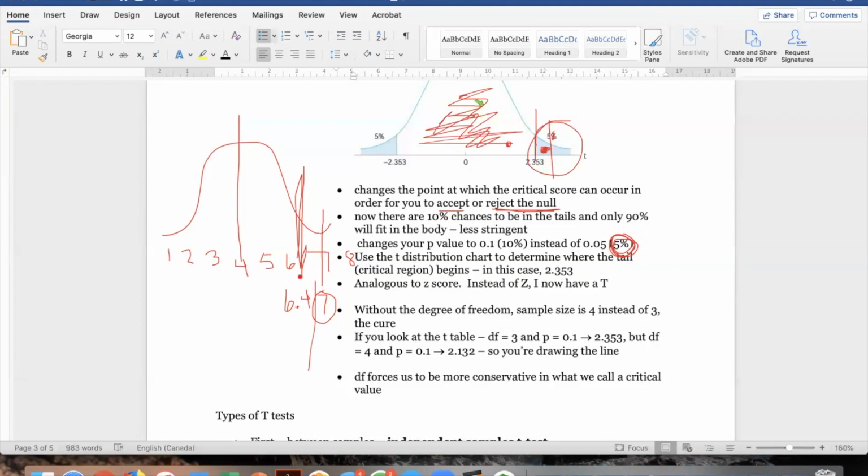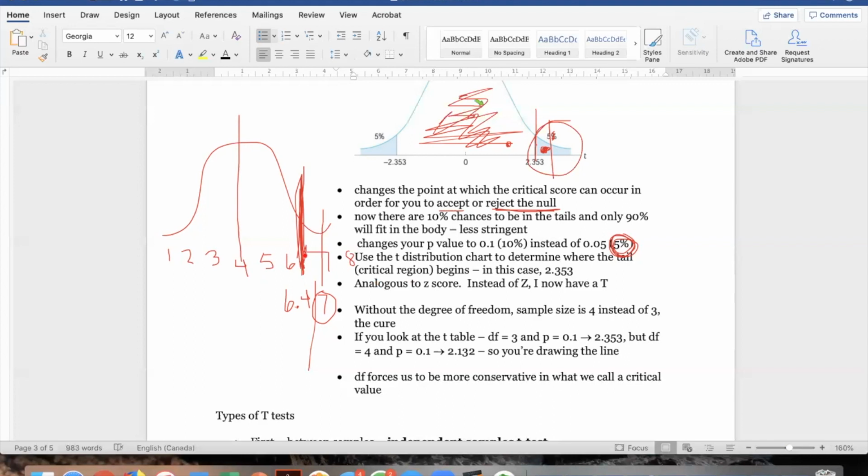Well, we don't want to just say it's a p-value of more than 0.5. You want to know what that p-value is, because it's going to raise the significance of your results, right? So you would use this chart to tell you where this critical region is, right here. Depending on the degrees of freedom, it's going to tell you where this line is.